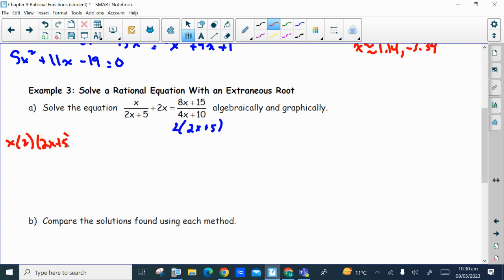So this shows multiplying every term by 2 bracket 2x plus 5.